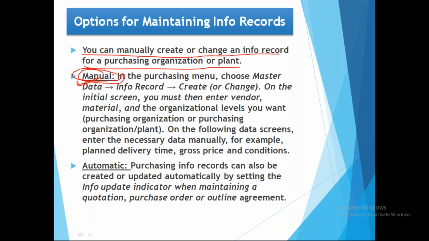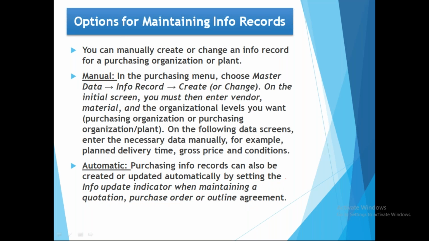That is a manual method. Now one more thing is, you can create purchase info records automatically also. Purchase info records can also be created or updated automatically by setting the info update indicator when maintaining a quotation, purchase order or outline agreement.